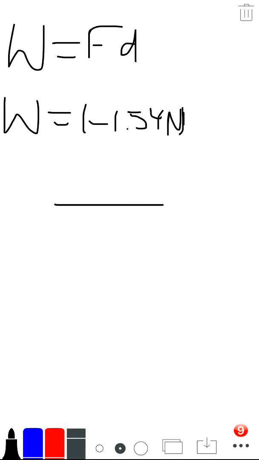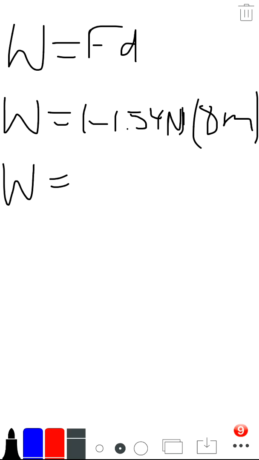It's negative because we say this is the direction of travel, so that's a positive. However, frictional force is in the opposite direction. It's the force that's trying to slow down motion, and it is negative. So we have negative 1.54 times 8 meters.